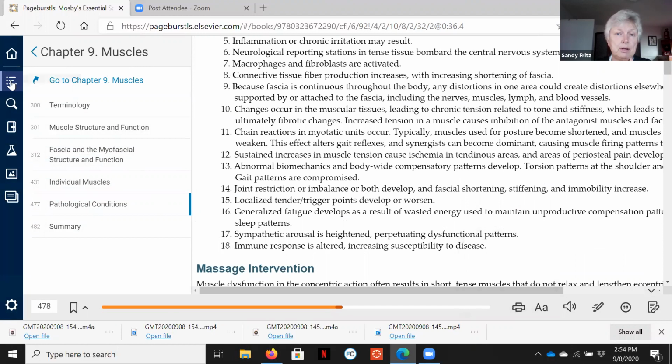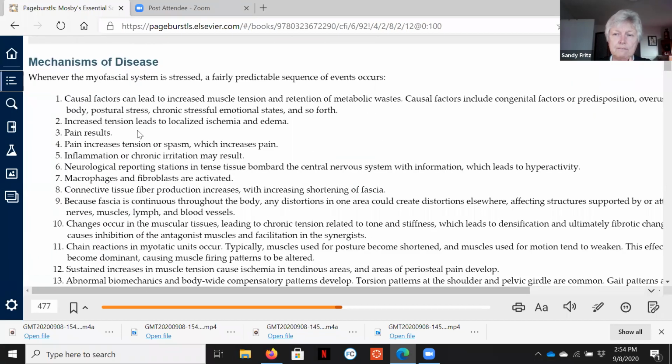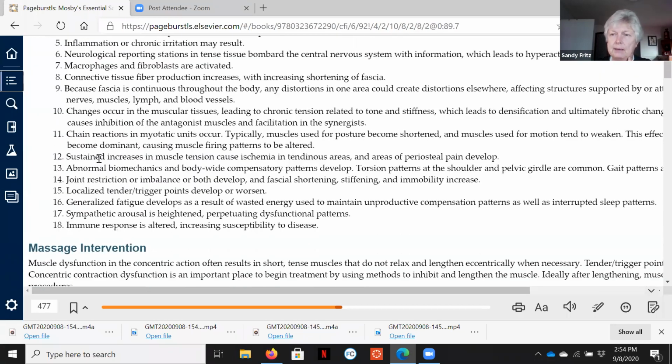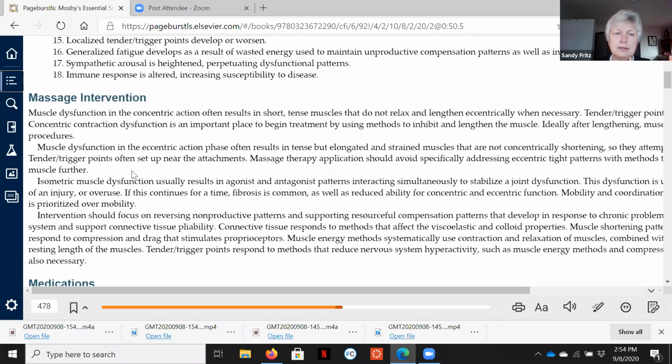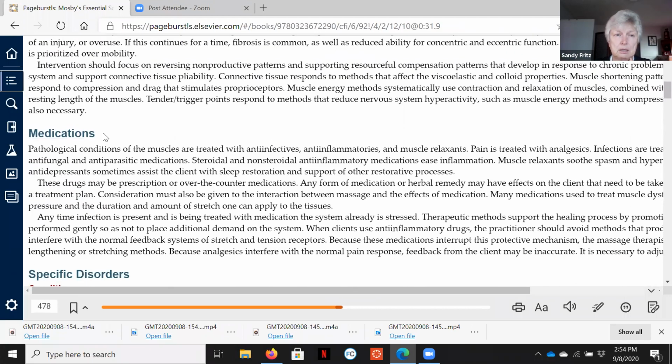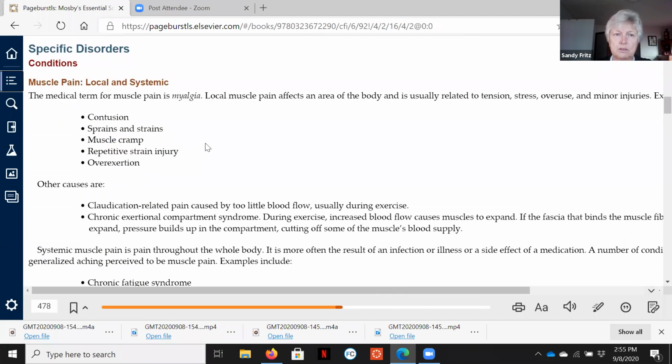A lot of times when we're assessing, we're more about what's going right. But this is going to give you the general sequence of events that happens if something is going to be dysfunctional in the muscular system. And then it gives us a general idea of what our interventions will look like. And then what medications are typically used for conditions that are common. And then we get into specific disorders.